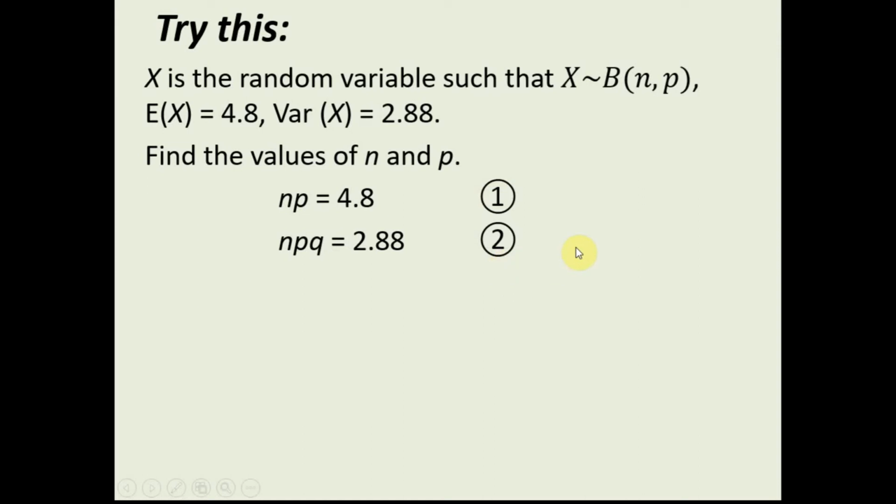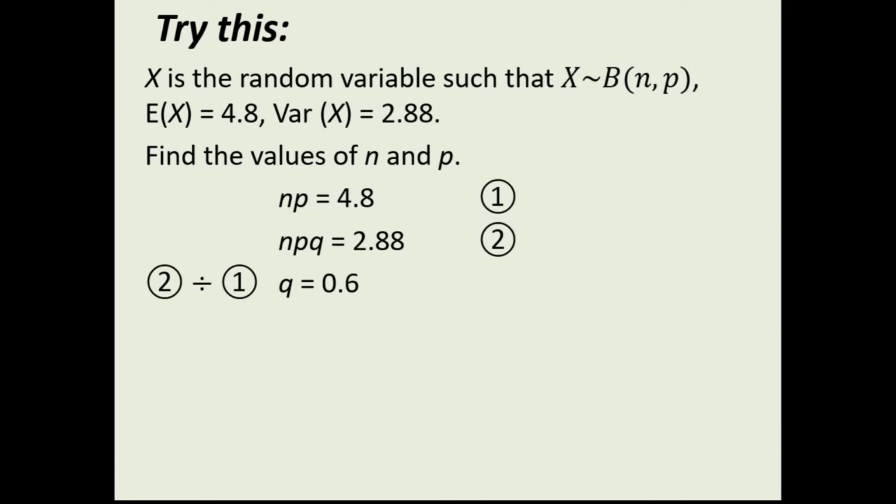To eliminate one of the variables, I can actually do equation 2 divided by equation 1. Because here we're multiplying the variables rather than adding or subtracting, so we're going to divide to eliminate, and if we divide this by this, you can hopefully see that we'll end up just with q. So we do 2 divided by 1, and that gives us q equals 0.6.